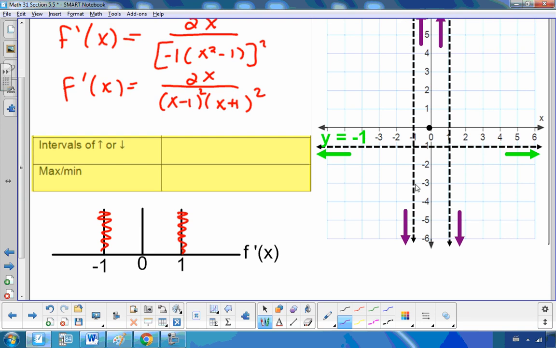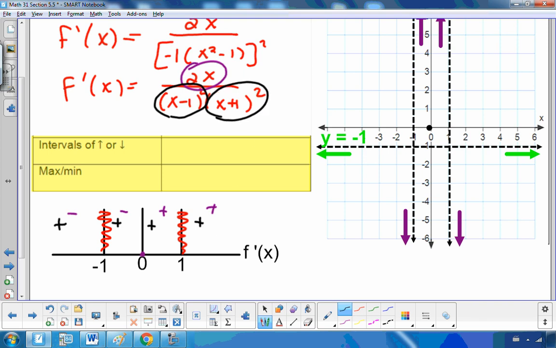Okay, so 2x is 0 at 0. So to the left it's negative and to the right it is positive. Now each of these, when they're squared, when I have any kind of number squared, it is always going to be positive. So it might be negative on the inside, but once I square it, it's positive. Same thing here, also positive.